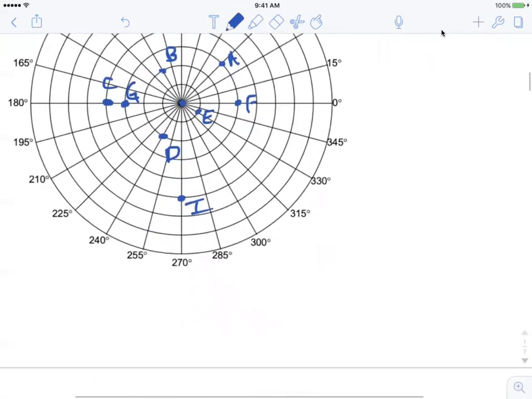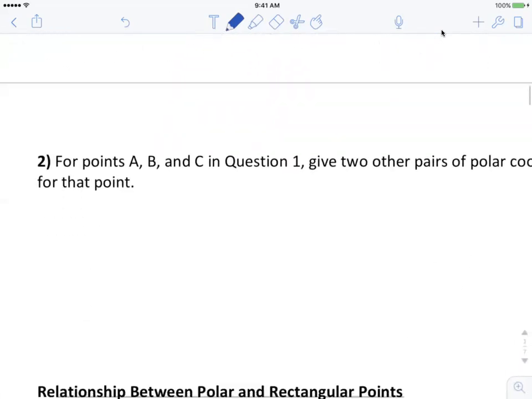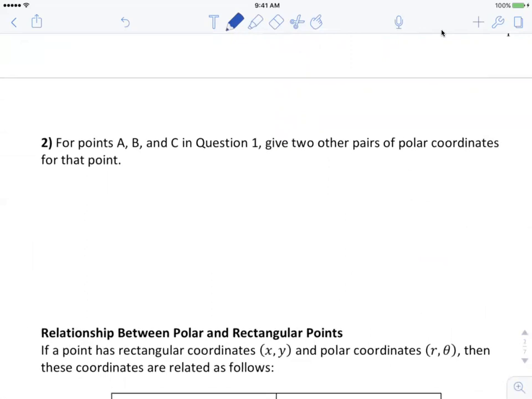What's next? Can you give 2 other pairs of polar coordinates for each of those points? Now, unlike the rectangular coordinate system, polar coordinates are not unique. There's lots of polar coordinates for the same point.